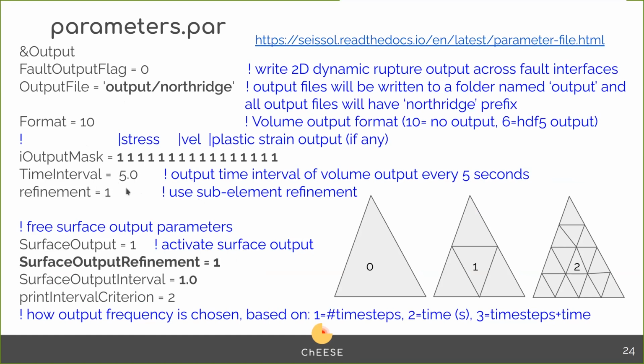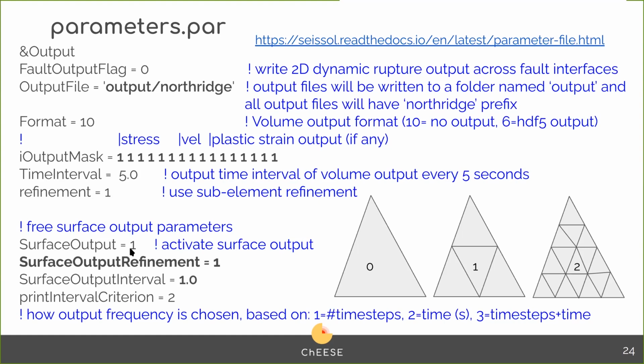I will explain that later. But for this setup, we disable volume output because this generates some large files, and we have limited space on the cluster. So we only output the wave field at the surface, with these surface output parameters.